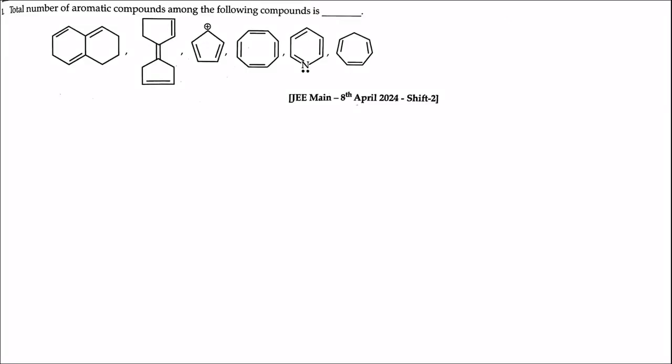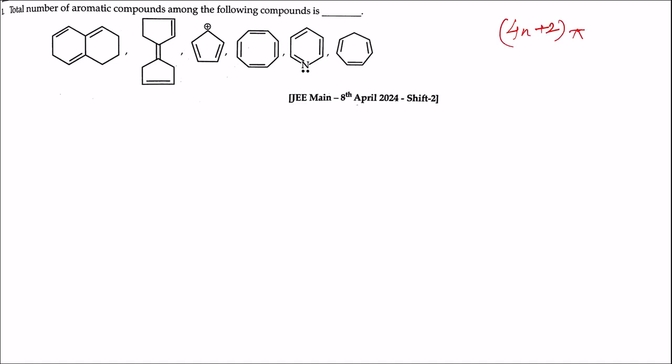Next question: total number of aromatic compounds among the following compounds is. Now the rule for aromaticity is a delocalized pi electron system, then the compound is planar, then it follows Huckel's rule, that is 4n plus 2 pi electrons, where n denotes the number of rings.